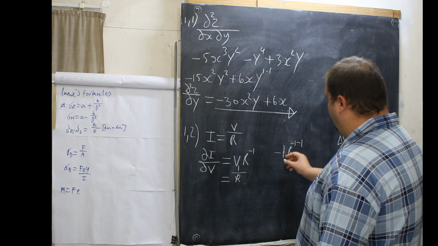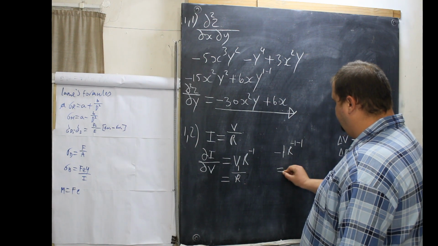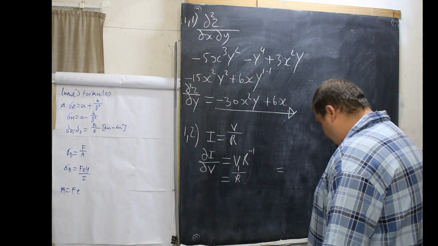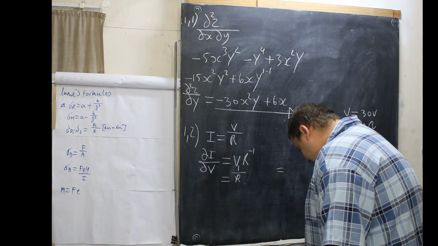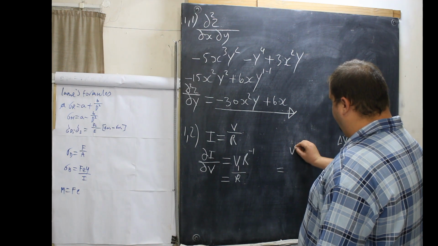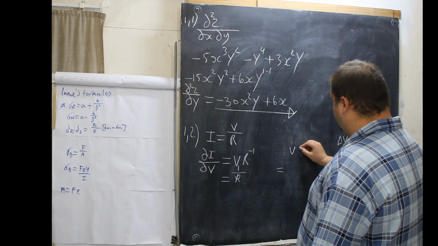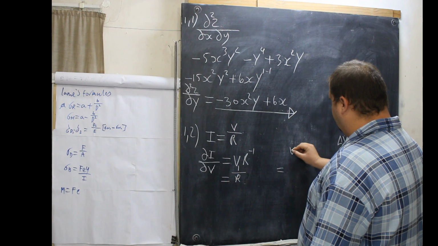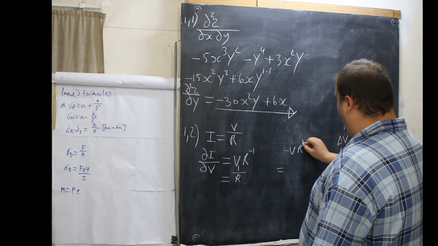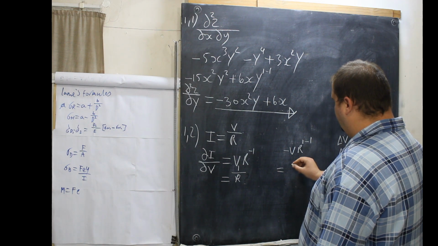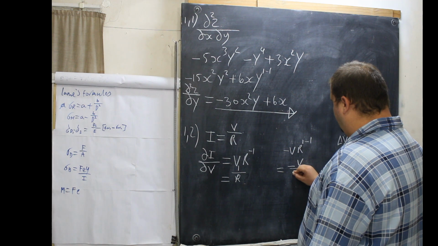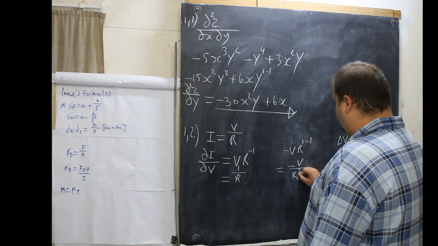So it is V, now R is negative, so it is negative V, R to the power of 1 minus 1. So this will be negative V over R squared.